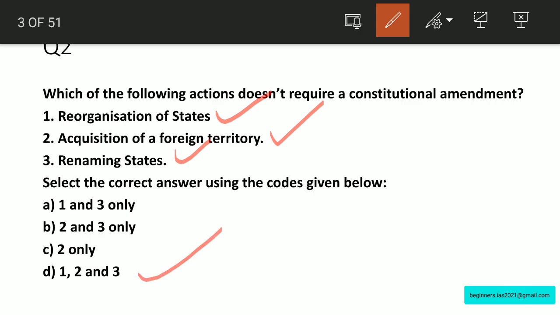Article 4 states that a law made by Parliament for reorganization of states, that is acquisition of a foreign territory or creation of an autonomous state within a state, is not to be considered an amendment of the constitution under Article 368. So the answer for question number 2 is option D, 1, 2 and 3.